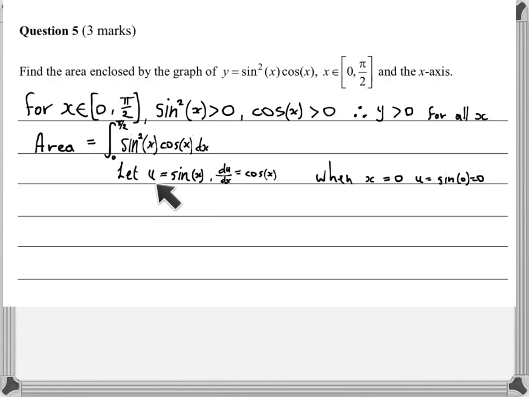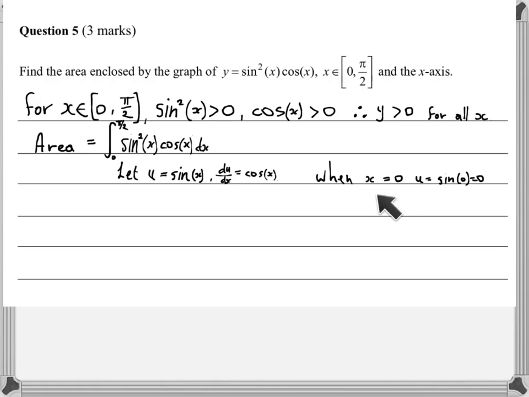Now, before we do though, by introducing variable u for a definite integral with limits 0 and pi on 2, which are x values, what would be the corresponding limits for u? So we've got to work them out.